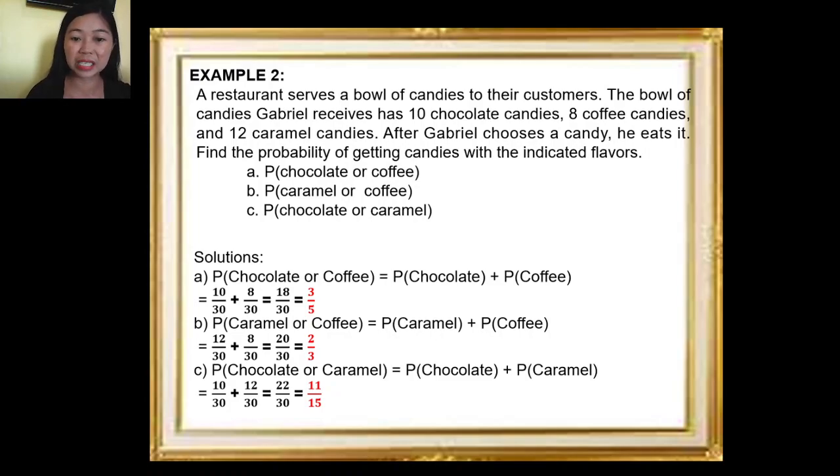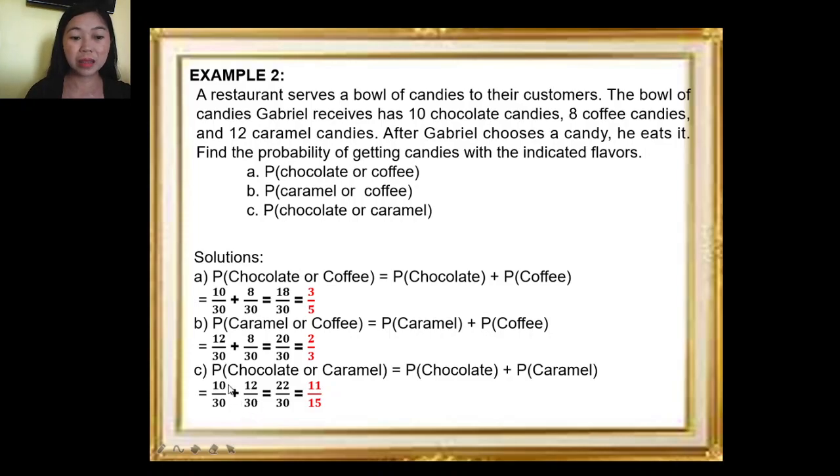So the formula is the probability of caramel plus the probability of chocolate, or probability of chocolate plus probability of caramel. So there are 10 chocolates over 30 candies, so that's the probability of chocolate. And then for the probability that it is caramel, there are 12 caramel over 30 total number of candies.